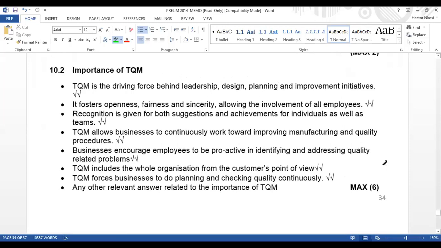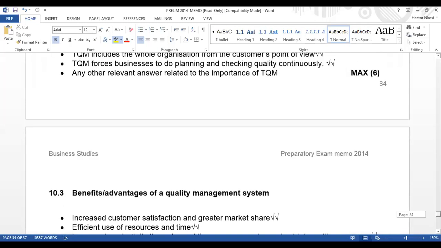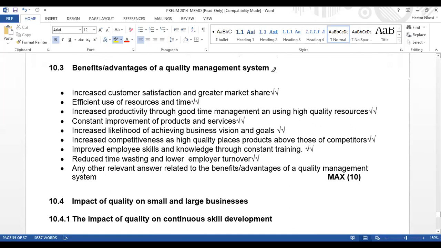Now, with your body, you're going to have a few categories, the ones that I highlighted for you, or the ones that you were told in the paper. The importance of TQM, that's number 1 that you're going to include in your body. The benefits or advantages of TQM.